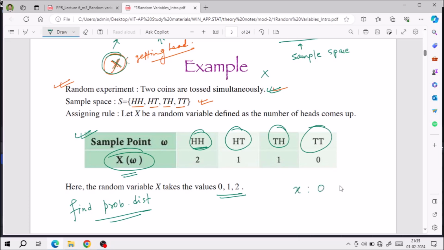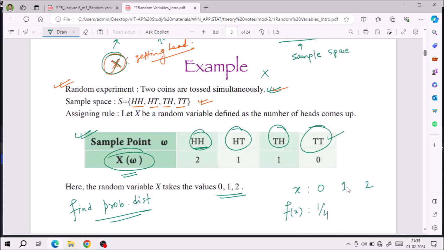All right, now see what we have. X values are 0, 1, 2. And the f(x) value, you can write this. For x equals 0, meaning getting no head, what will be the probability here? You can see only one favorable outcome. So 1 divided by the total number of points in the sample space, 4, so 1 by 4.